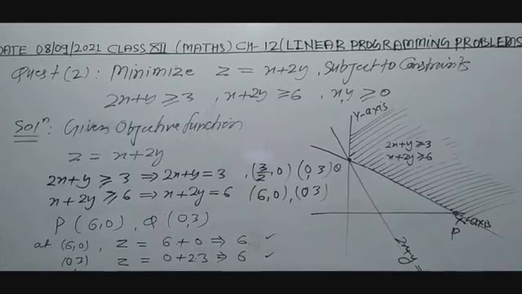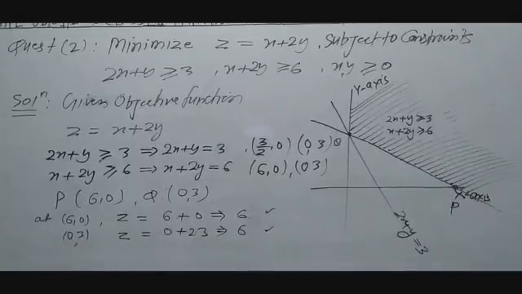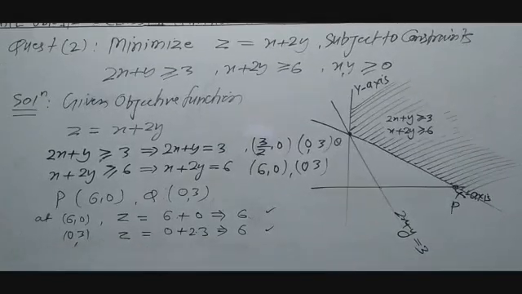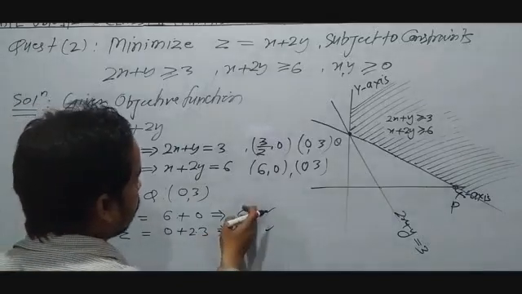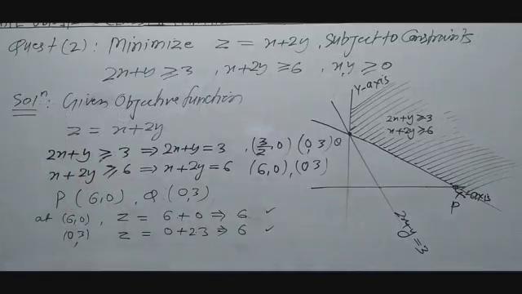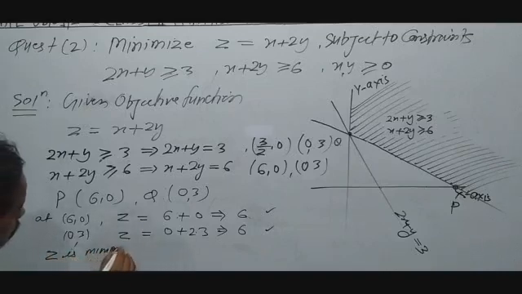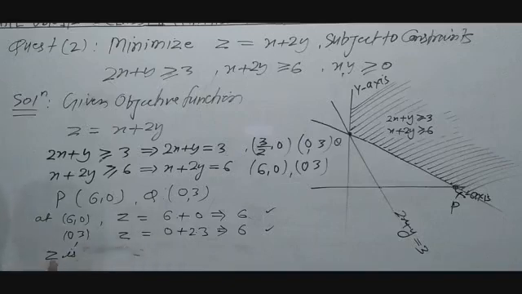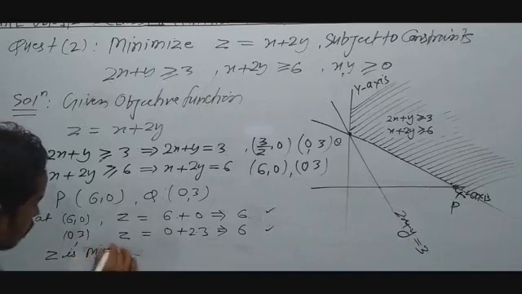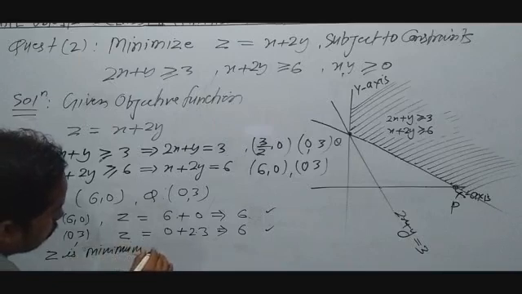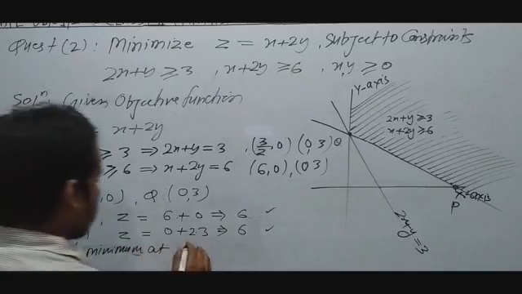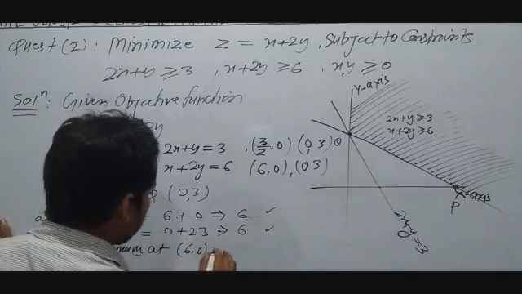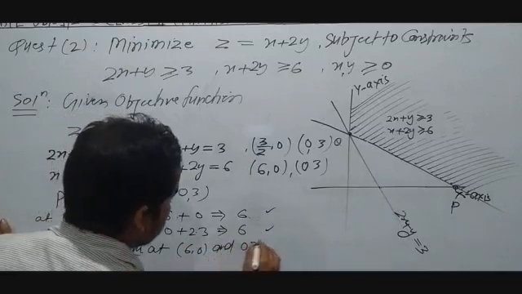See, both values are same, not minimum, not maximum. So we can write z is minimum at 6, 0 and 0, 3.